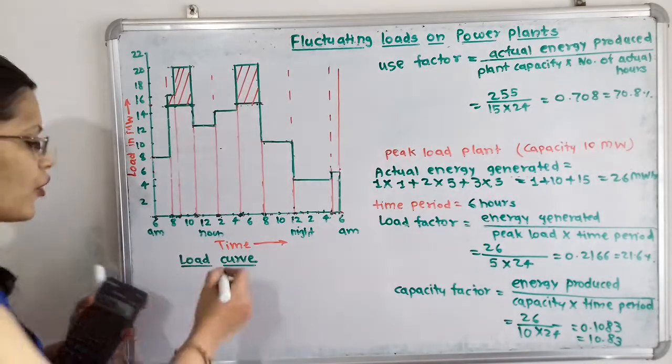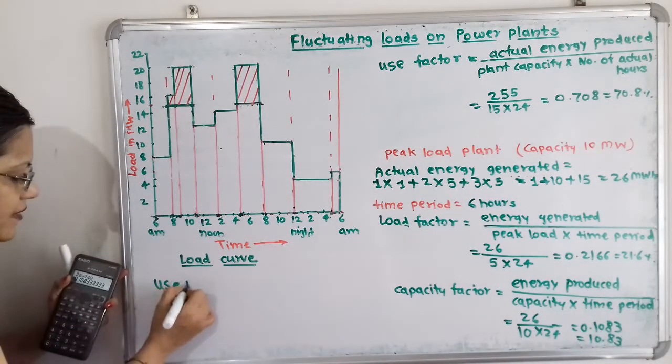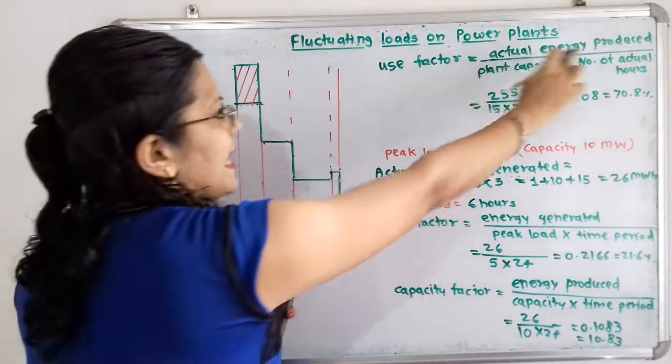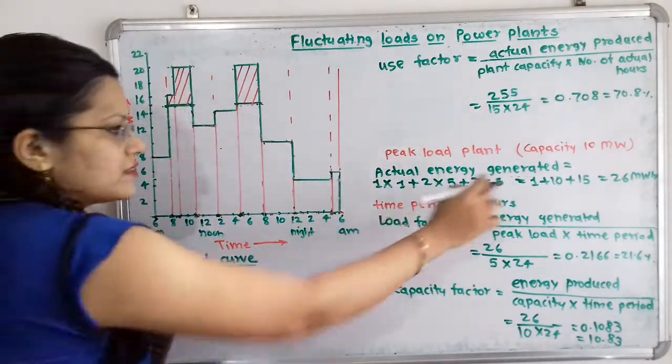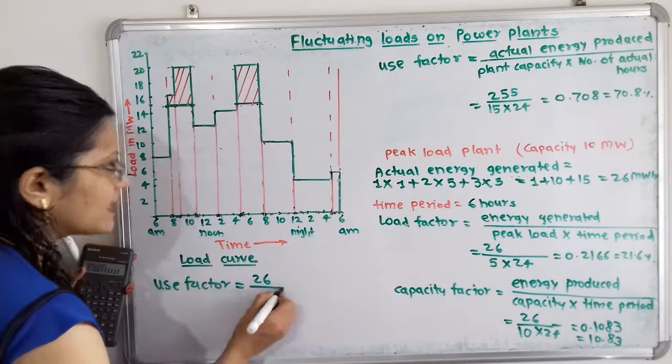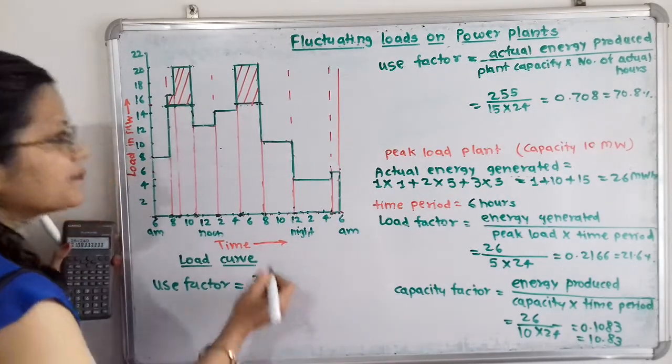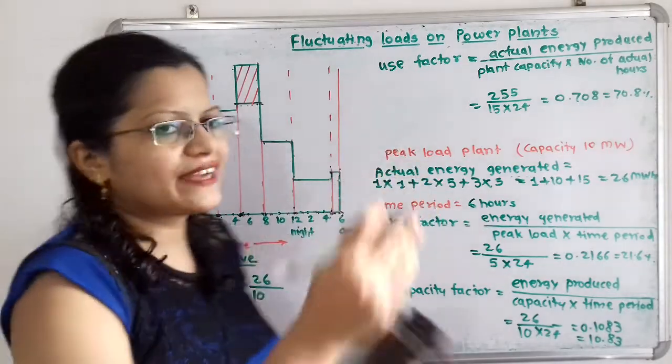Now we will move to the calculation of use factor. For the use factor, the formula is given. Actual energy produced is 26 megawatt hours divided by plant capacity, which is given as 10, and number of actual hours.